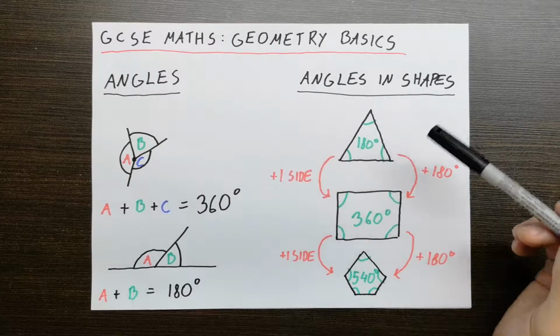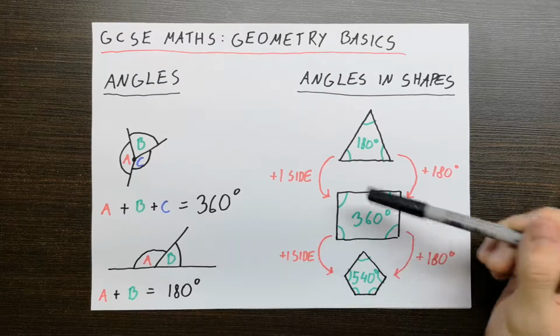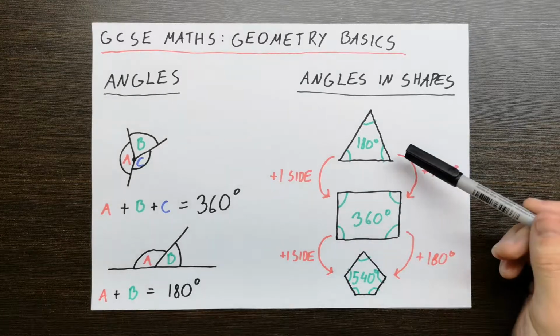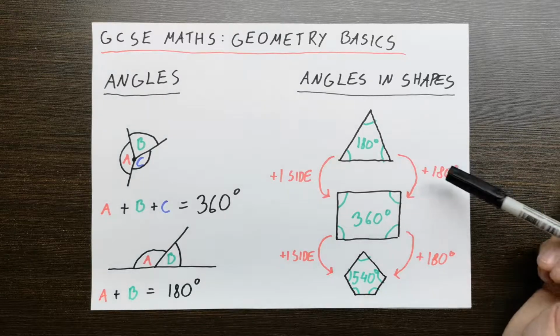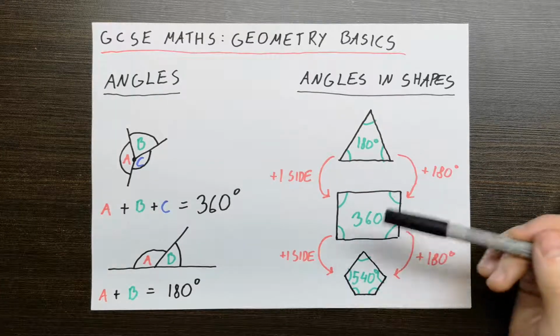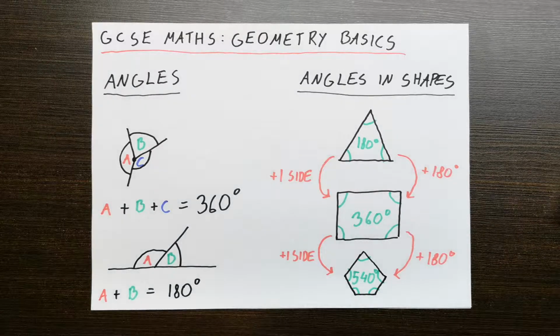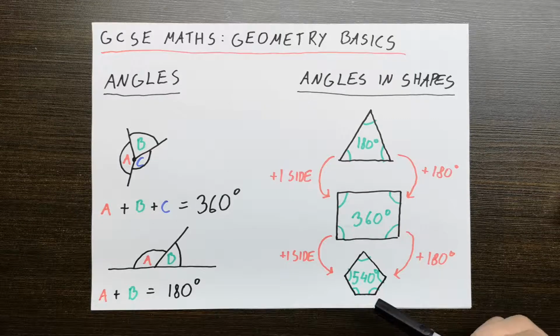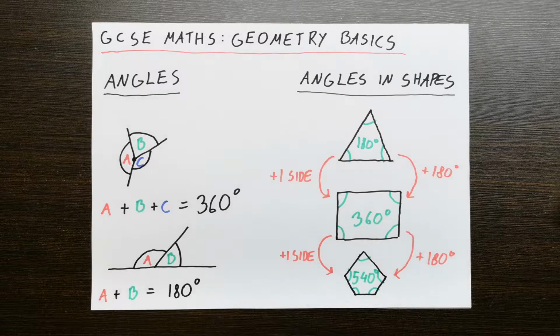That's where we start. Then a closed four-sided shape will be 180 degrees added to 180 degrees, giving us 360 in total. In a five-sided shape, we add another 180 degrees, giving us 540 degrees. That's what all the internal angles of a pentagon add up to.